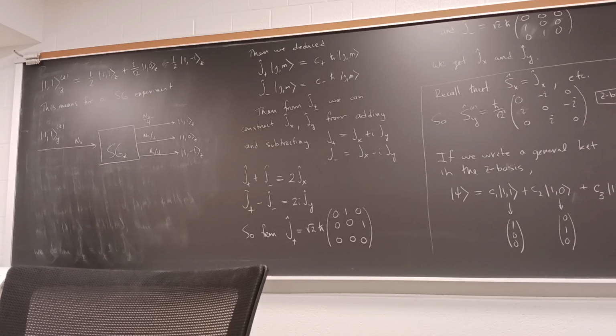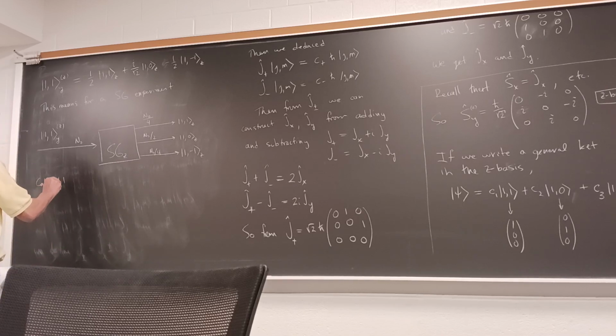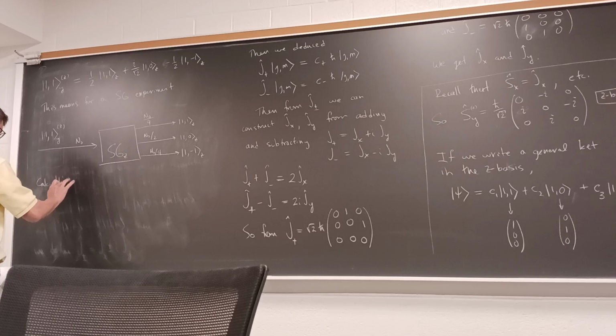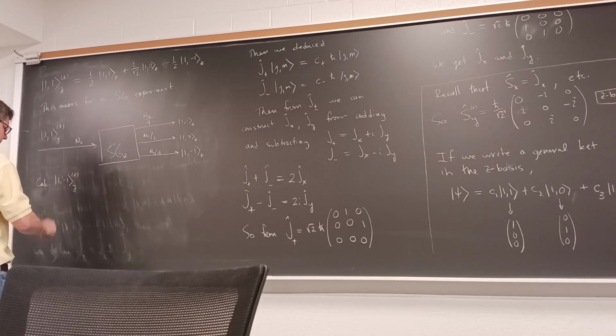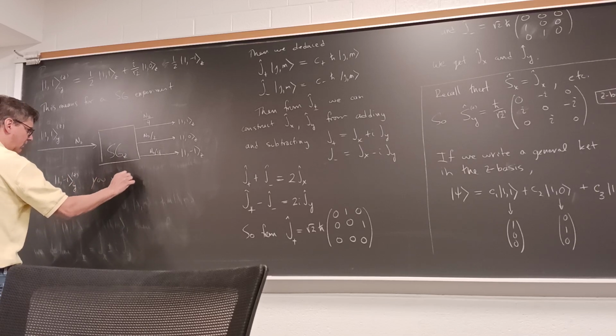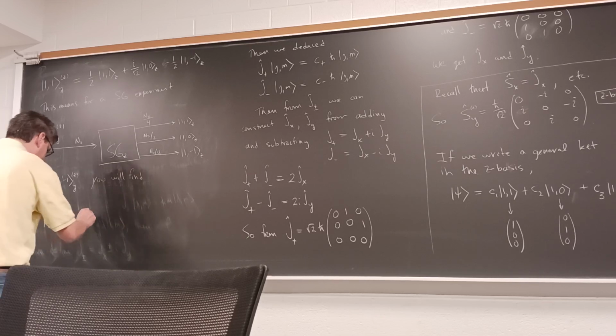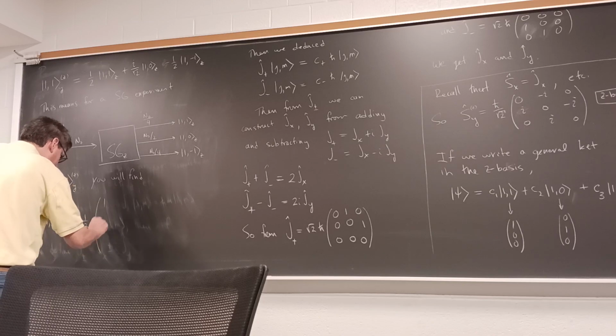Okay, so now if you calculate |1,-1⟩ in the z basis, you'll find this is 1/2 times 1.